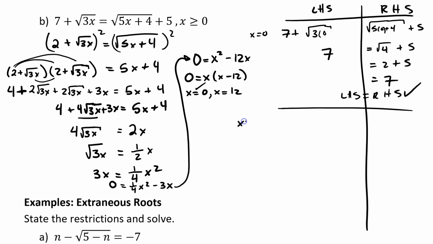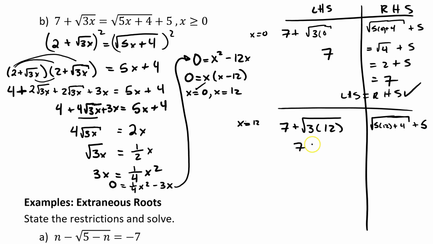What about x equals 12? We have 7 plus the square root of 3 times 12, and we have the square root of 5 times 12 plus 4, and then that added to that radical is plus 5.